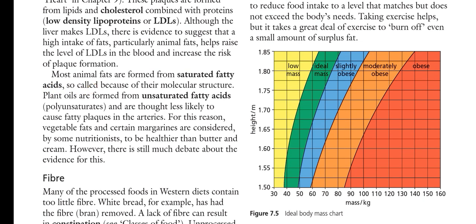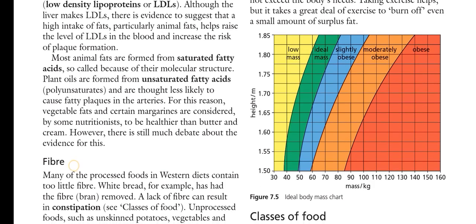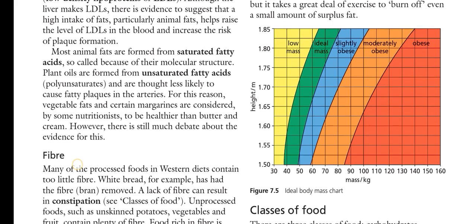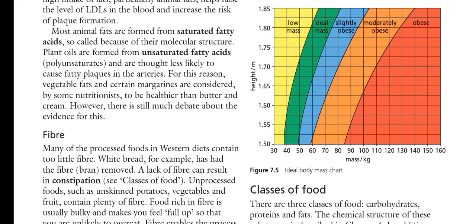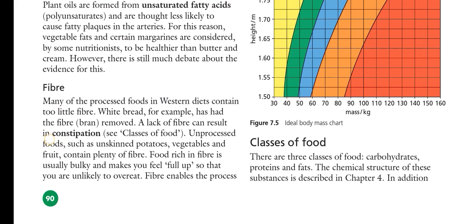Most animal fats are formed from saturated fatty acids, so called because of their molecular structure. Plant oils are unsaturated or polyunsaturated; we commonly know them as the oils. For this reason, vegetable fats and certain margarines are considered by some nutritionists to be healthier than butter and cream. However, there is still much debate about the evidence for this.